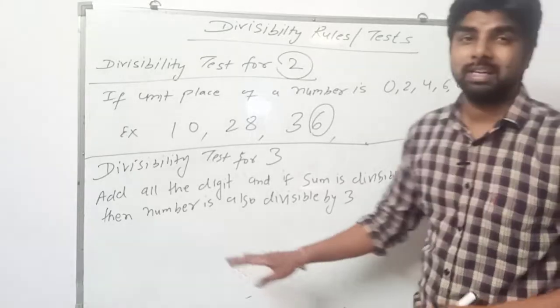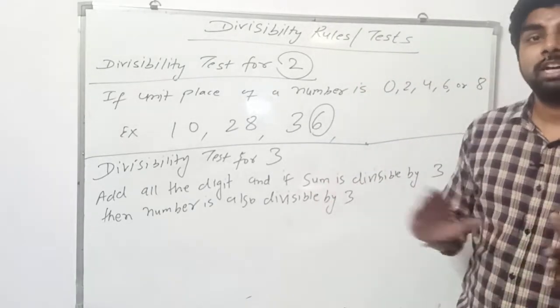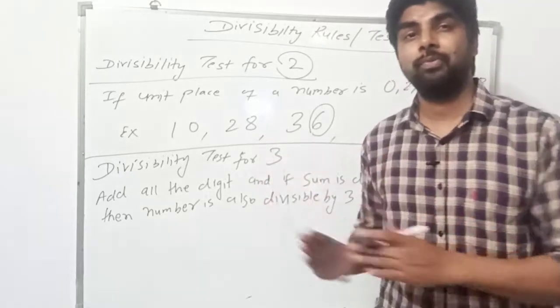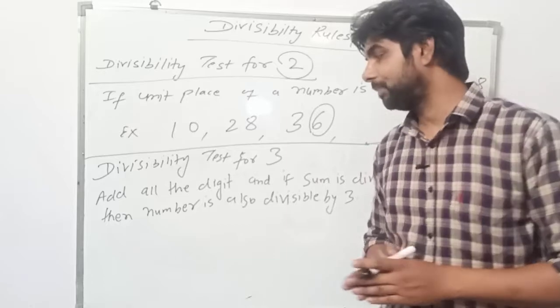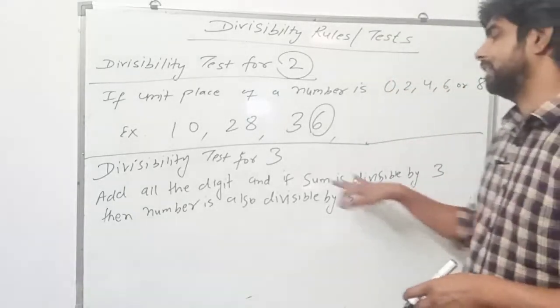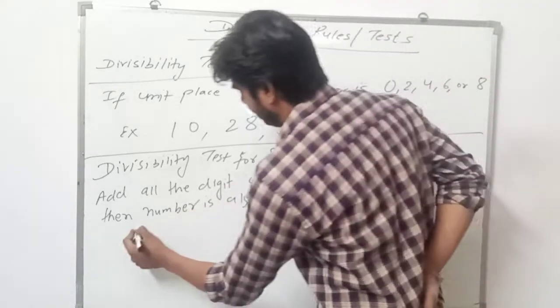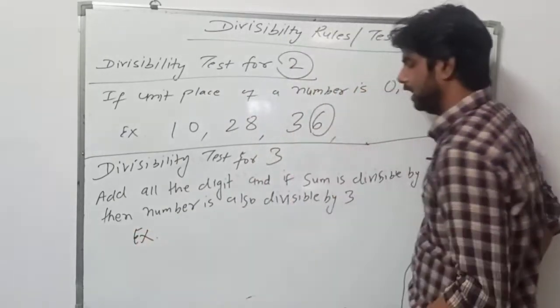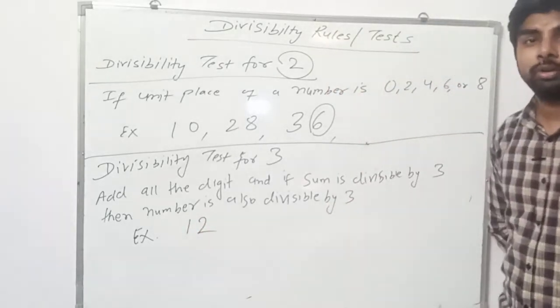So what does the divisibility test of 3 say? If we add all the digits of a number and if we divide that sum by 3 and get 0 as remainder, that means the number is fully divisible by 3. Let's see one example. Suppose we have to find out whether 12 is divisible by 3 or not.